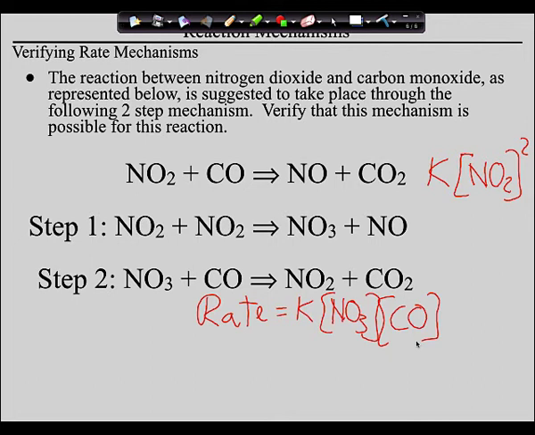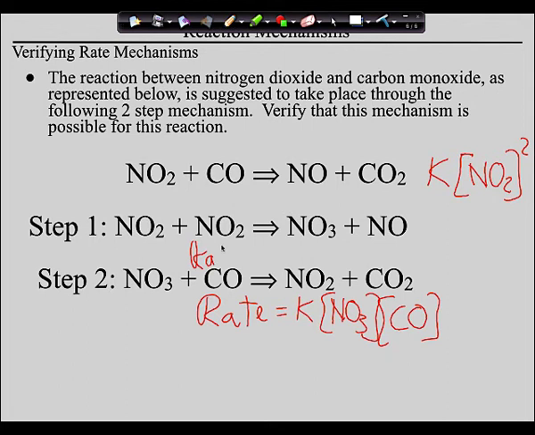Is that okay? Okay, now the reason I did this one first is because I want to bring up a point. Guys, what would the rate law for step 1 be? Rate is equal to K times NO2 times NO2, which is NO2 squared.